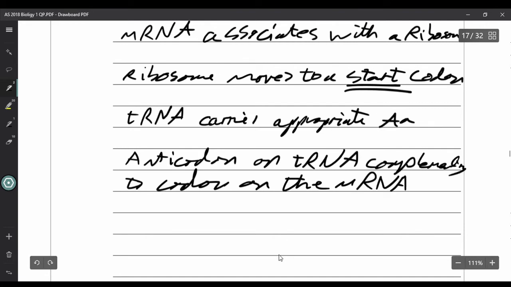Okay, so these two codons line up, the one from the tRNA with the one from the mRNA.